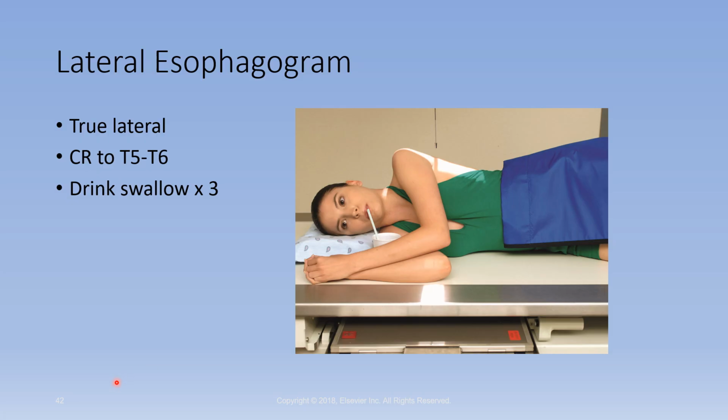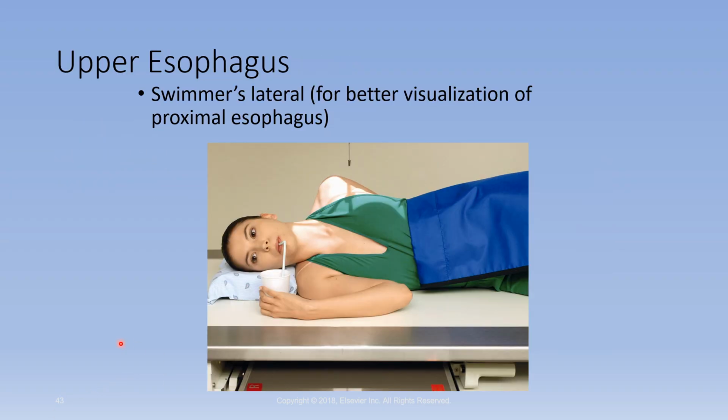But before we get to that, look at the bottom of page 491, and they show you what's called an optional swimmer's lateral. This swimmer's lateral is better to visualize the proximal esophagus.